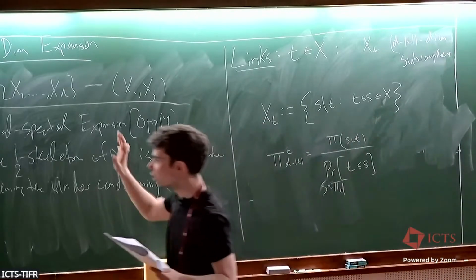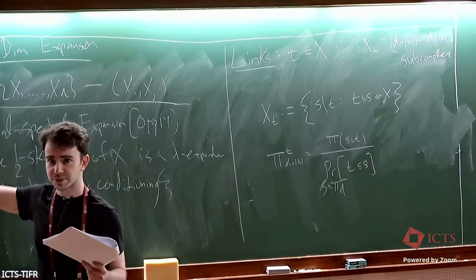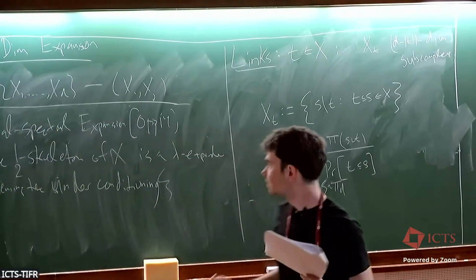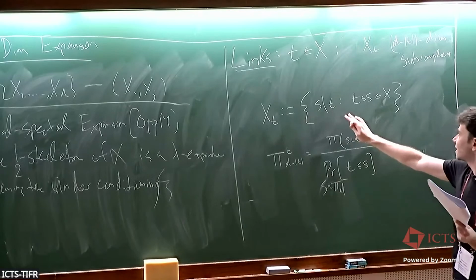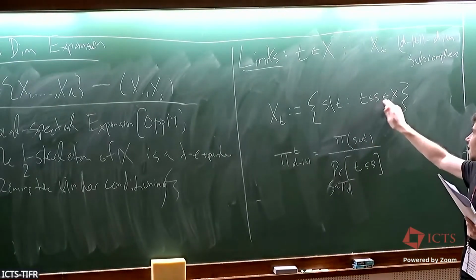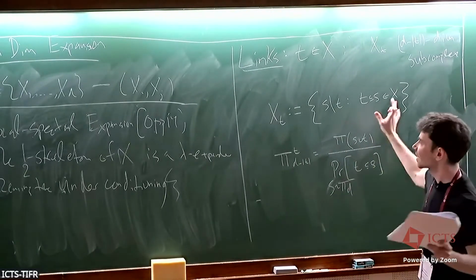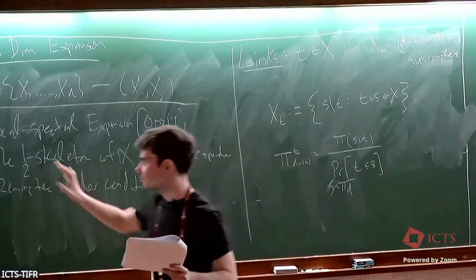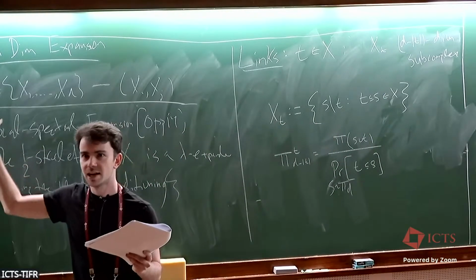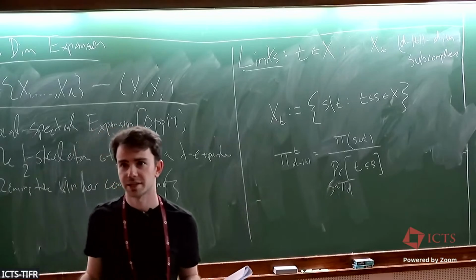I look at all of the faces in the complex that contain T, and then I remove T from them, so S without T such that T is in S and S is in X. That's the exact set formalism, but just think of it as I take everything containing T and I remove T. There's nothing more complicated than that.